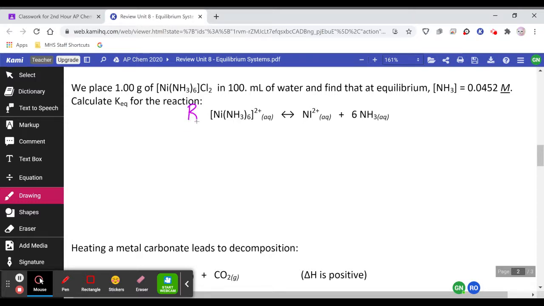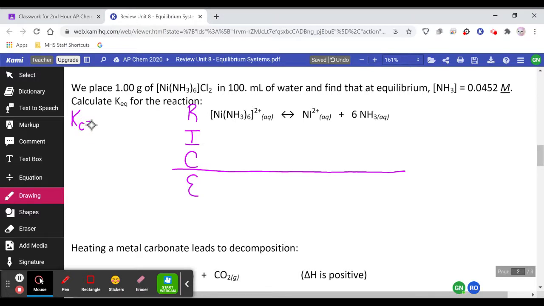And then for our RICE, let's just go ahead and put an R by that. For our reaction, I, remember, is your initial concentrations. C is that change that occurs. And E would be your equilibrium concentrations. Okay, and so I'm going to go ahead and write what my K sub C equals over here.